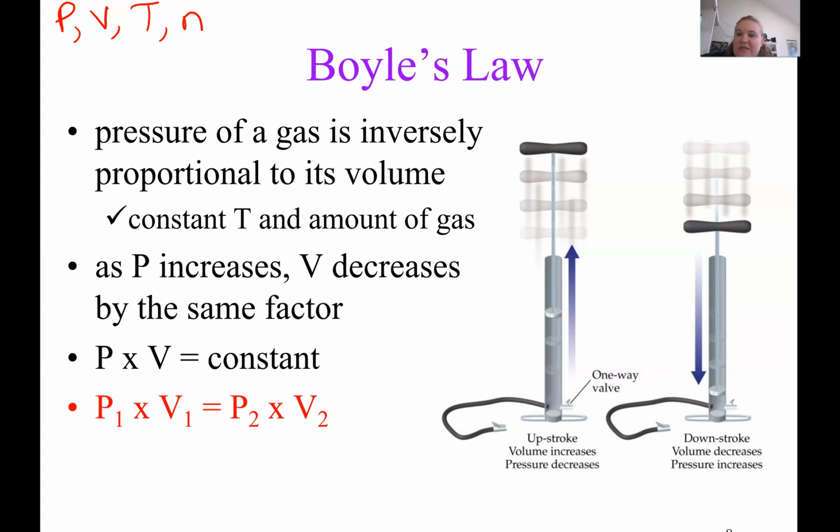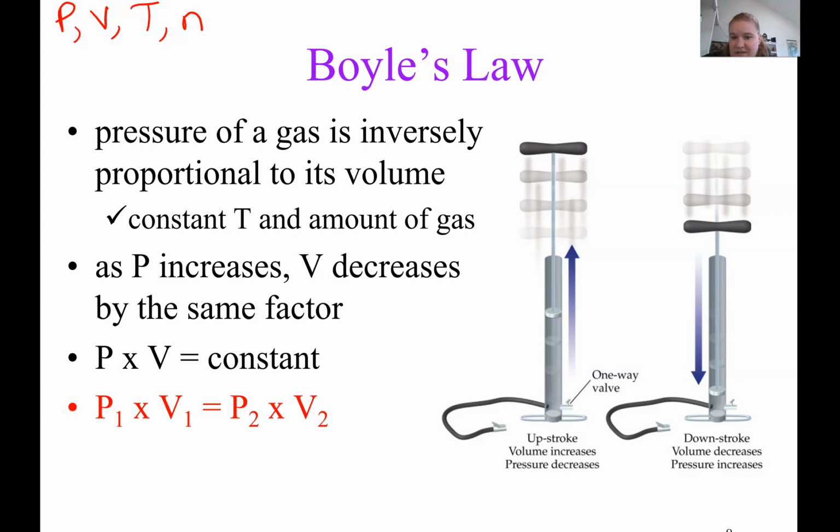So that means that the temperature and the amount of gas are remaining constant. We can change the other variables, the pressure and the volume, but the temperature and N, or the moles of gas, have to stay the same. And so that's just how these laws work, is we are only comparing 2, maybe 3 variables at a time.